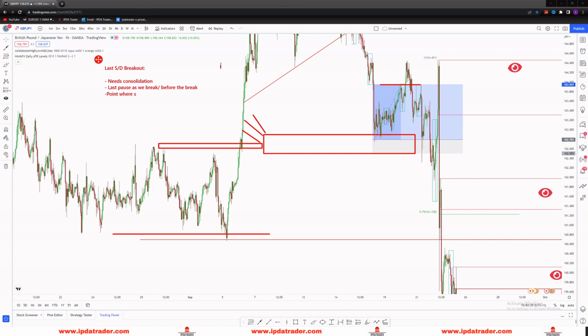Point where supply or demand fails to hold and the other side takes over. What else do we need? We need to monitor the order flow to get it, and you need to pair it with ATR and everything else that you know.